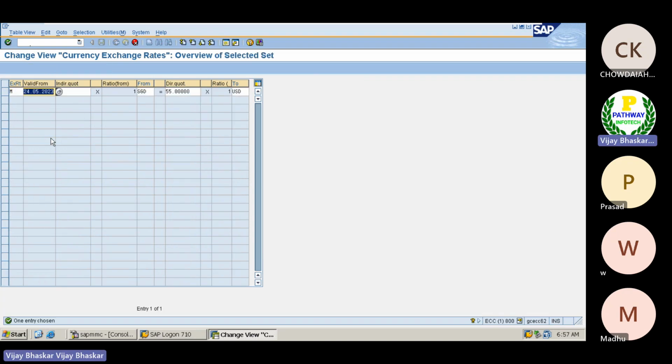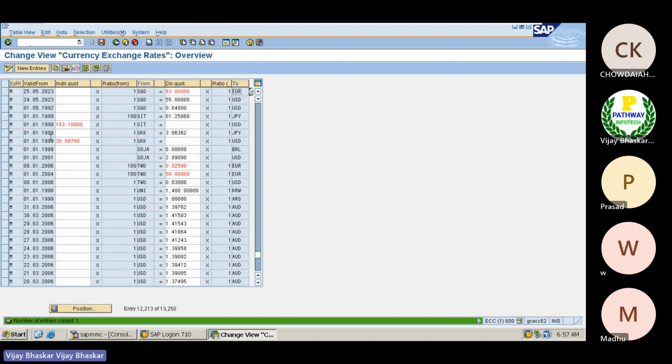Then I'll give today's date, 25th 05 2023. SGD to EUR, Singapore dollars to EUR. See now, one entry has been copied. Just keep in mind this is the rate I have maintained in the system.